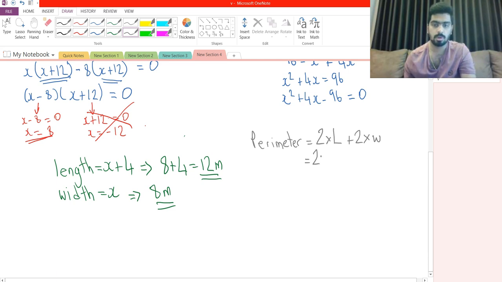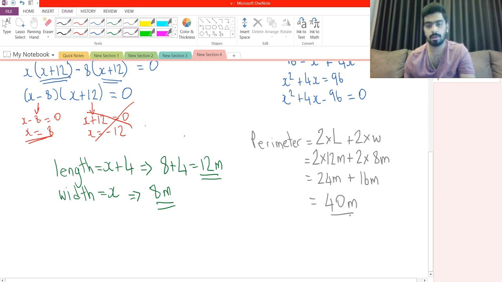We have 2 multiplied by our length is 12 meters plus 2 multiplied by width is 8 meters, and we got 2 times 12 meters is 24 meters plus 2 times 8 meters is 16 meters. Therefore our answer is 40 meters.